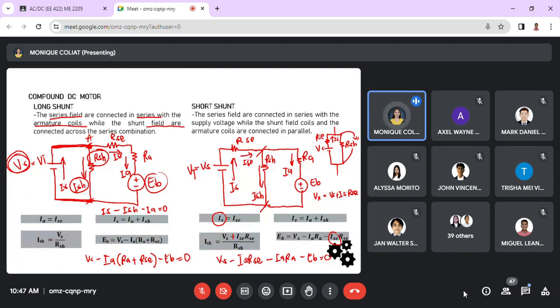KVL tayo sa outer loop. So, we will have Vs minus IA times RA plus RSE minus EB equal to 0. Then you will get EB equal to Vs minus IA times RA plus RSE. So, yan na yung mga equation natin. That is our equation.